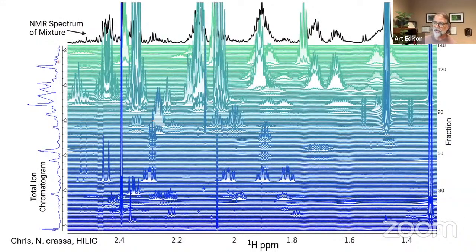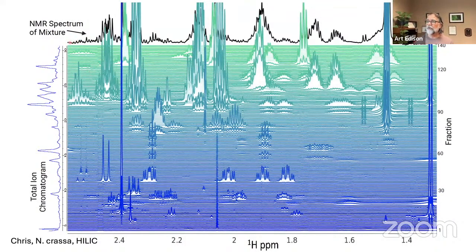So this is an example of NMR of a small region, shown on the bottom. The x-axis is NMR chemical shift, and the y-axis is the chromatographic separation, so this is time on the total ion chromatogram on the vertical axis, showing what Chris was able to do with a sample from Neurospora crassa using HILIC chromatography in this case.